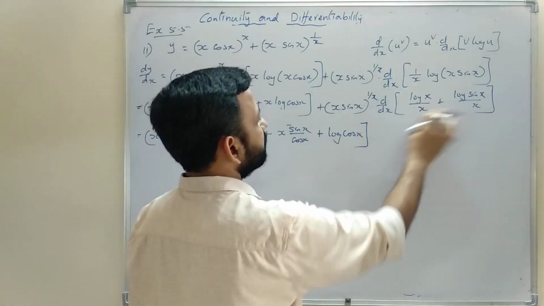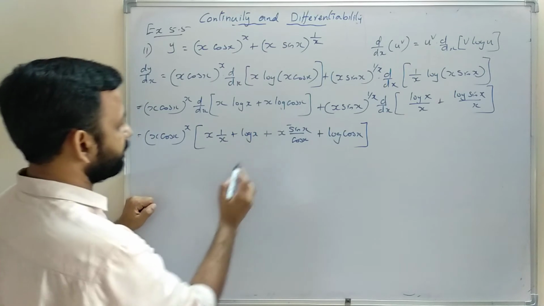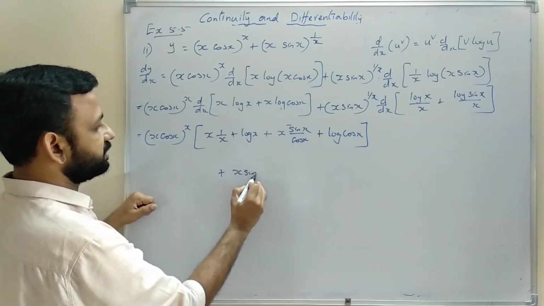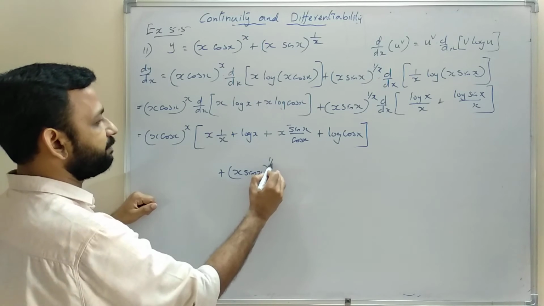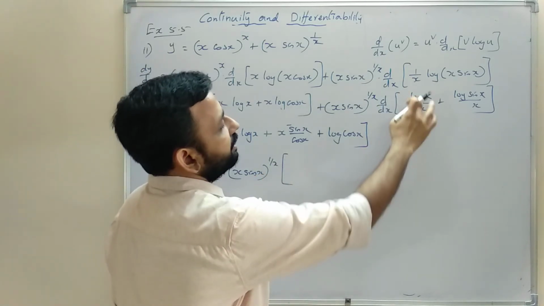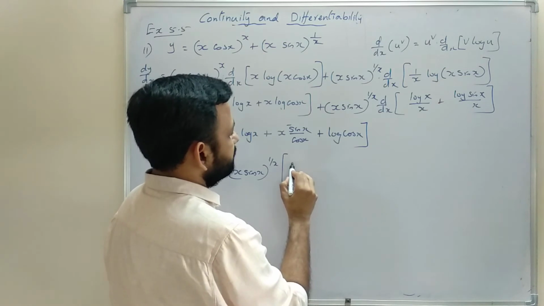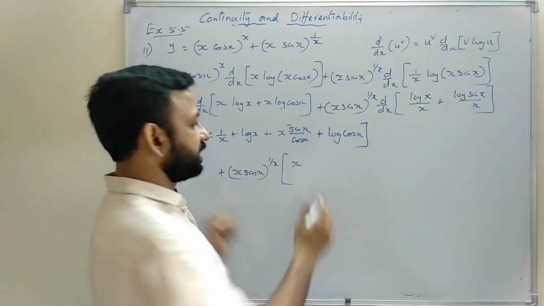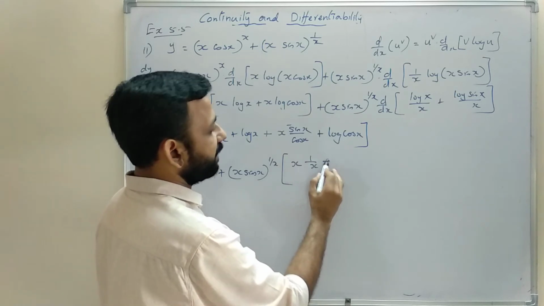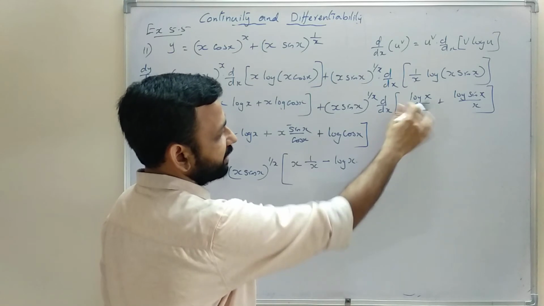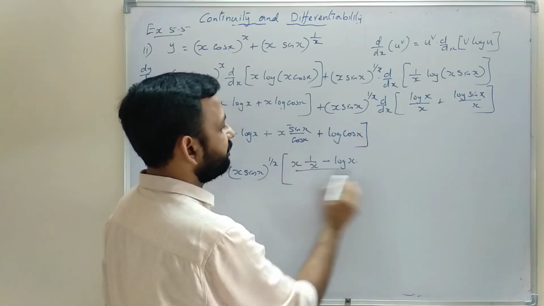Here we have to apply the quotient rule. So we write plus (x sin x) raised to the power 1 by x. Now we apply the quotient rule: denominator into derivative of numerator, x into derivative of log x, that is 1 by x, minus numerator log x into derivative of denominator, that is 1, all divided by x square.